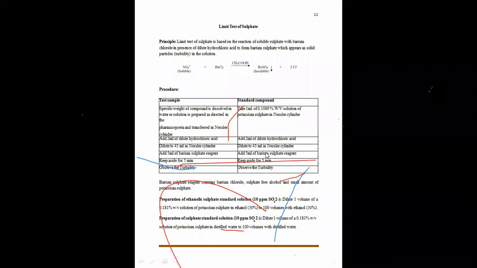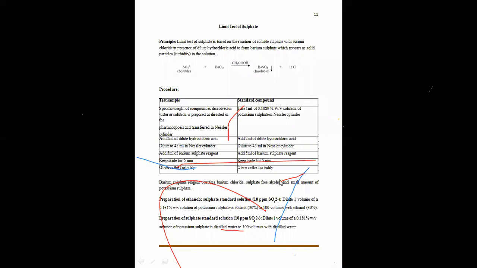This turbid solution is nothing but the formation of opalescence, but a dark opalescence. That means a thicker opalescent solution is known as a turbid solution.